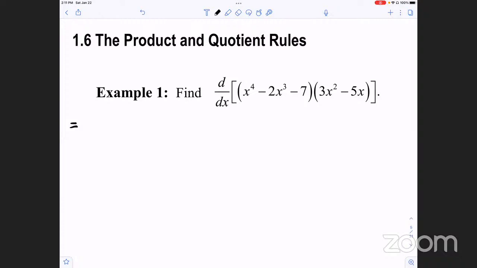Now, if we're going to apply the product rule, the first times, okay, so we're just going to rewrite the first thing.